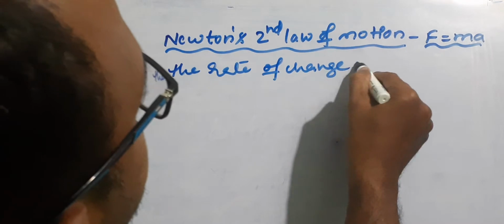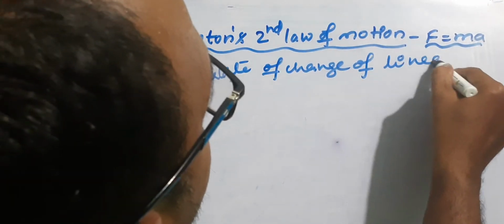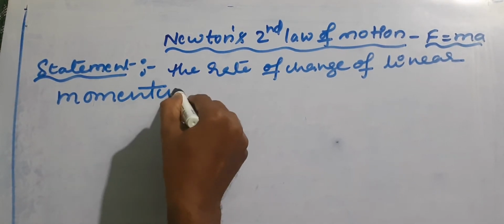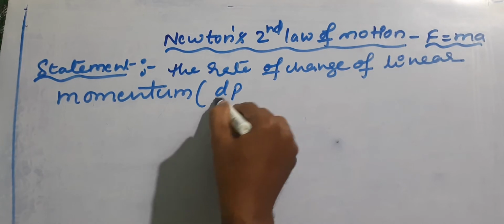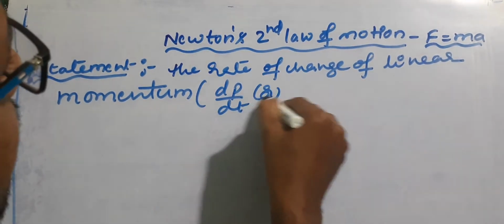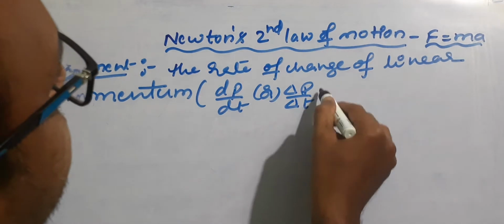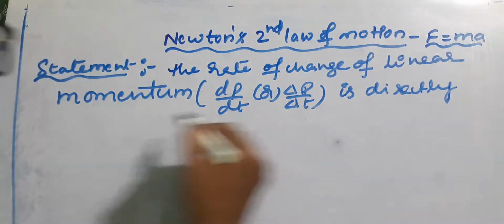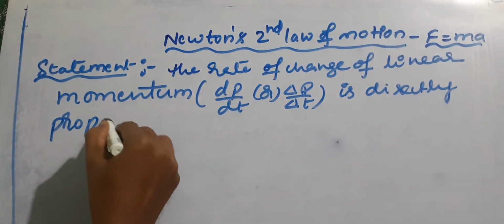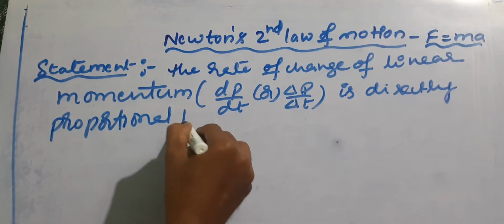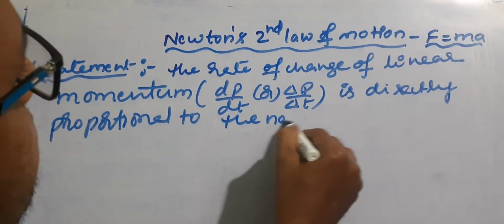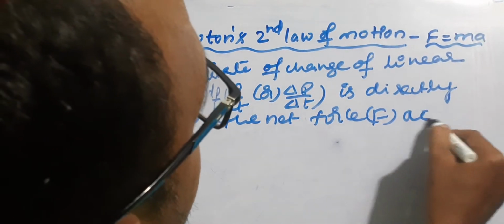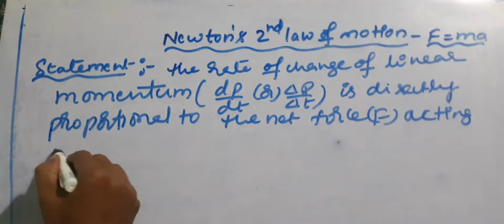change of linear momentum, which can be written as dp by dt or delta p by delta t, is directly proportional to the net force acting on the body.